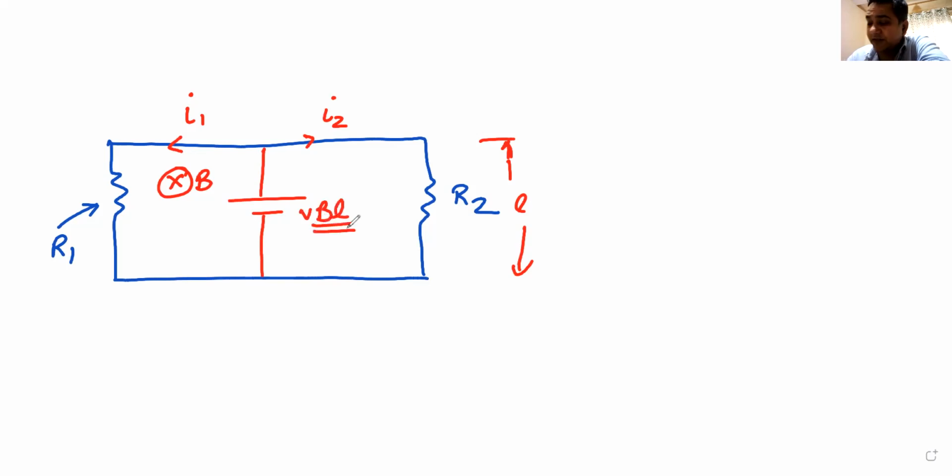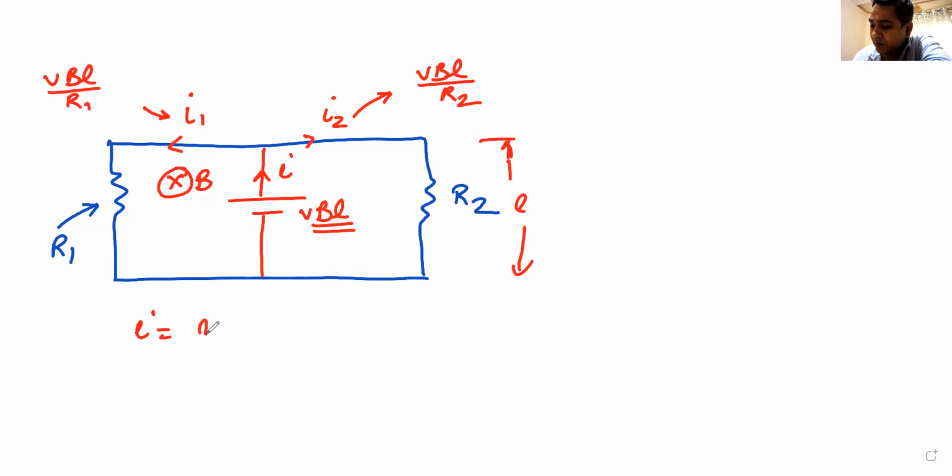Do we all understand this? Yes or no? Then I can find the value of this I1. I1 की value will be VBL by R1. I can find the value of I2, VBL by R2. What will be the value of I? I will be equal to I1 plus I2, and that will be our answer.